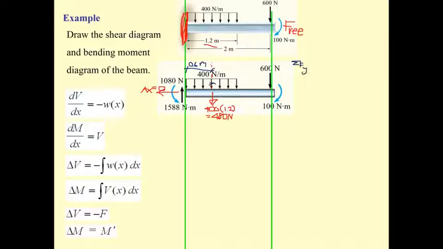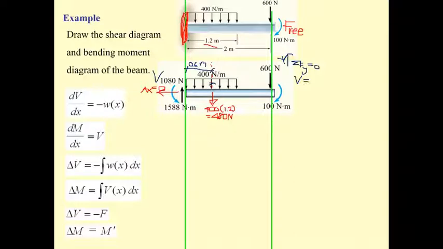And then if you do the summation of F sub y equal to 0, what do we get? By letting upward be positive, V is upward, and the 600 is downward.